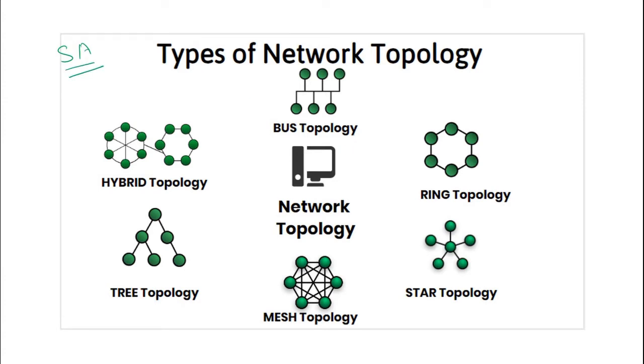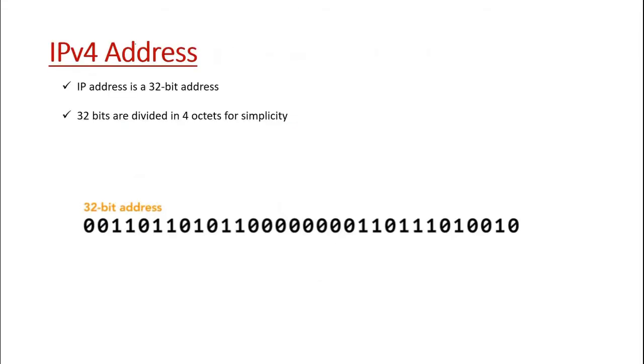So let's move to the IPv4 address. There are two types of IP address: one is IPv4 and the other is IPv6. Today we are going to learn only IPv4. IPv6 we'll learn later on.